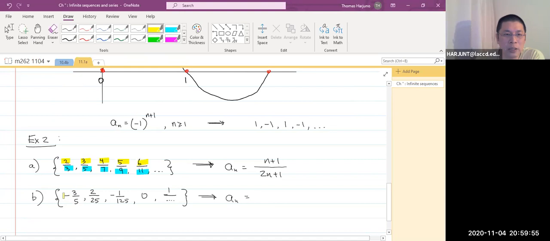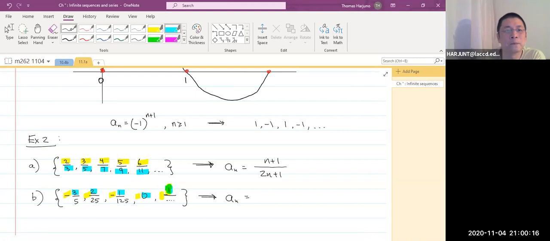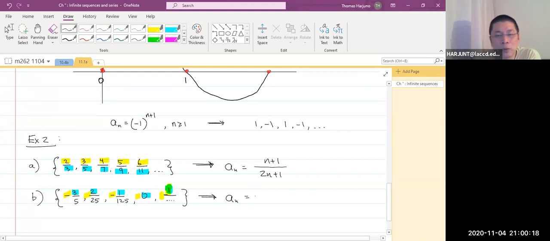The way I see it is alternating. Minus, plus, minus, plus. No, it's supposed to be minus, but maybe the minus disappeared because that's minus. Notice that the top here is decreasing one by one. 3, 2, 1, 0. I guess they should be negative 1, right? So to play with the alternating, that's negative 1 to the n. When n equals 1, that's negative.